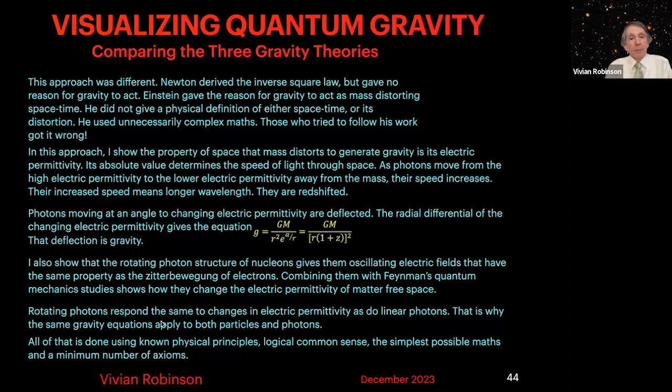Rotating photons respond to the same changes in electric permittivity as do linear photons. That is why the same gravity equations apply to both particles and photons. All that is done using known physical principles, logical common sense, the simplest possible math, and a minimum number of axioms.